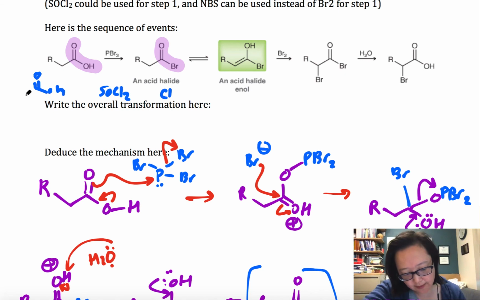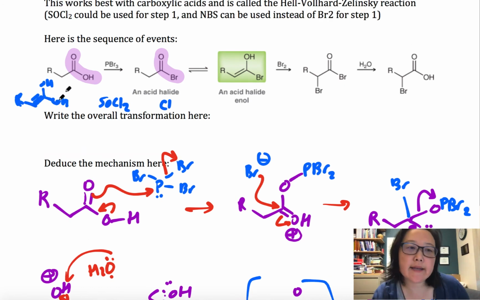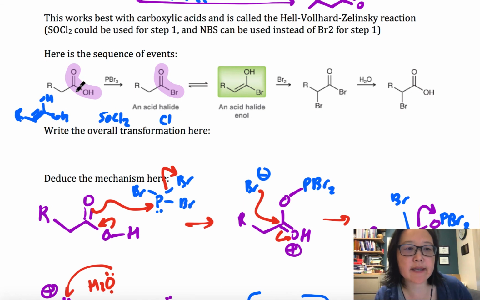So the enol that we would need if we were to use the carboxylic acid would look like this. And it turns out that the enol from carboxylic acids is not as stable as the enols from aldehydes and ketones and even acid halides. So for that reason, it's much better to go through an acid halide first, which can then easily be converted back to carboxylic acid later.